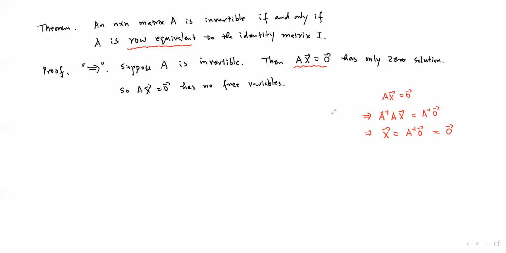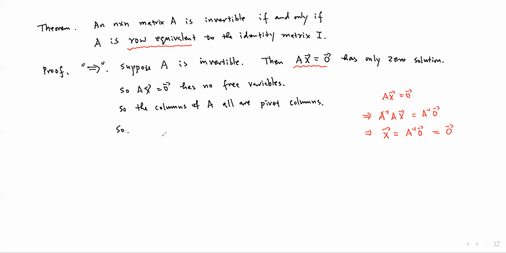Now there is only one solution, so no free variable. Okay, so the columns of A all are pivot columns. Each column of A contains a pivot.